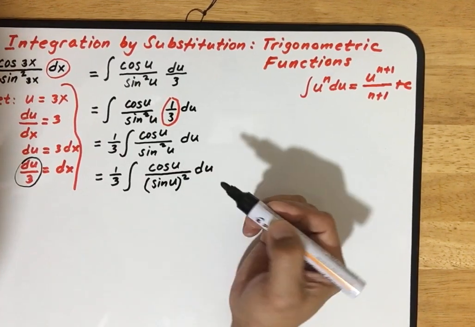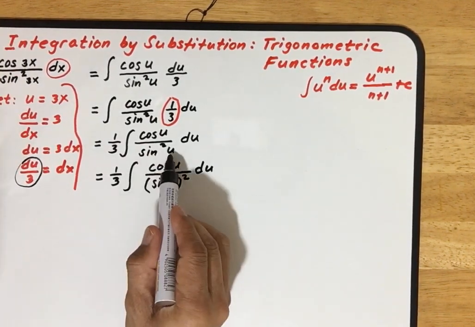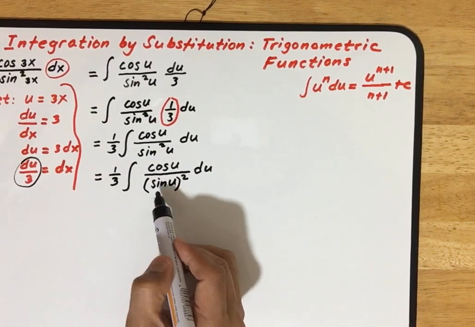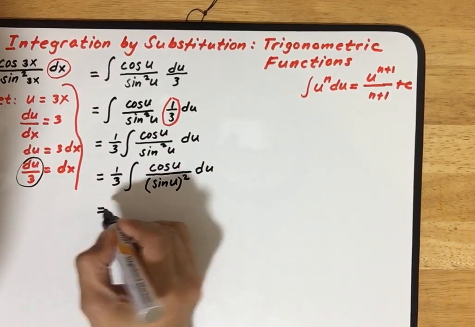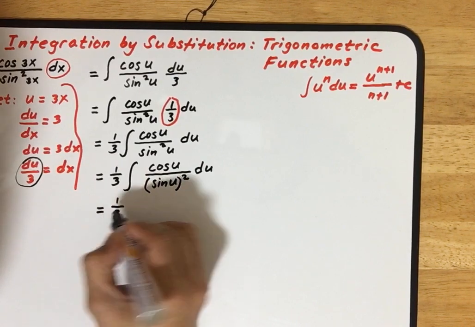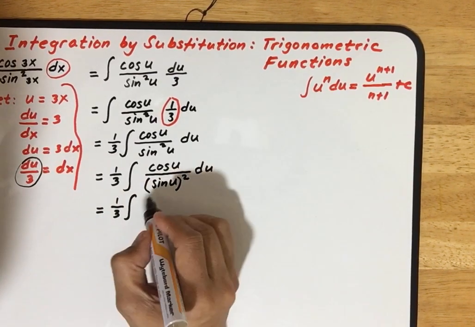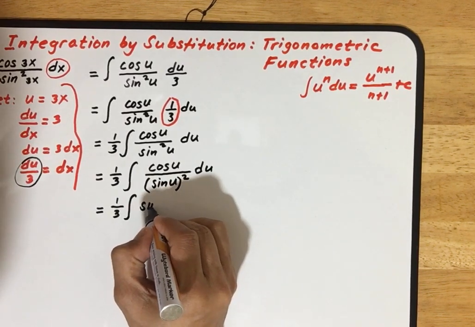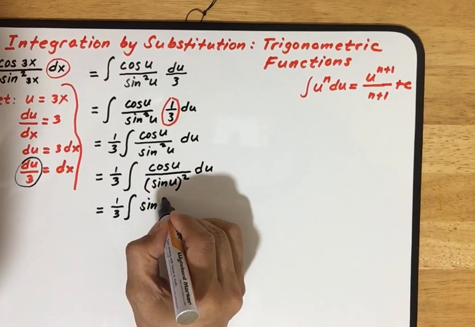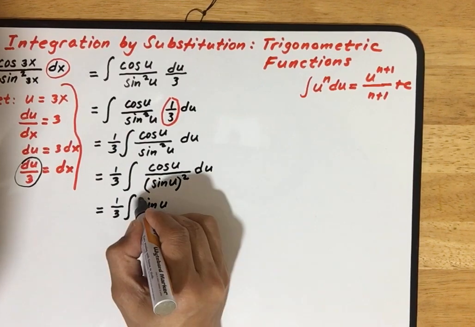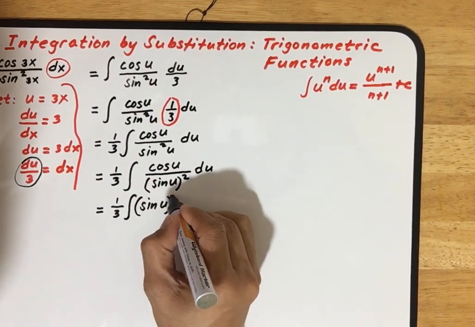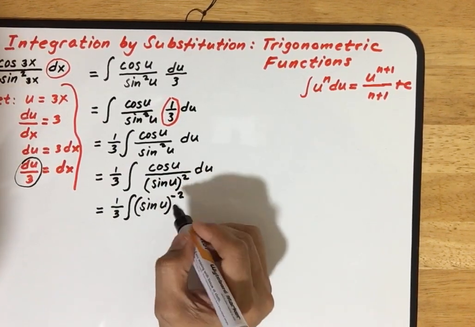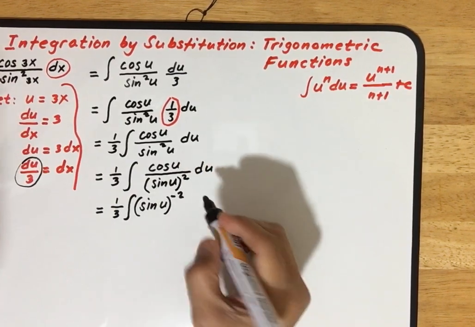From our trigonometry, this expression is just the same as this. So from here, we can also rewrite this by bringing this up. So this will be sine u raised to a power -2. When you bring this up, the exponent becomes negative.